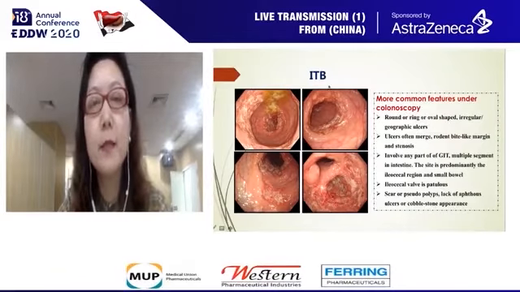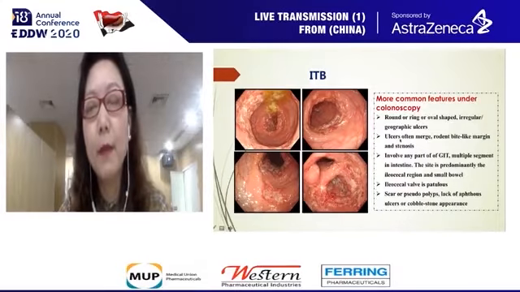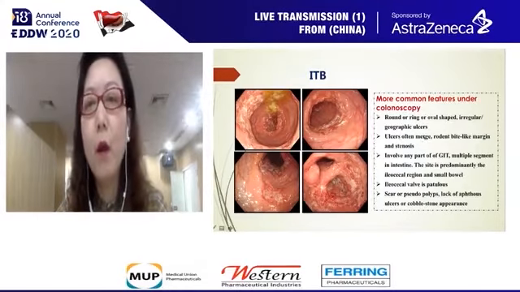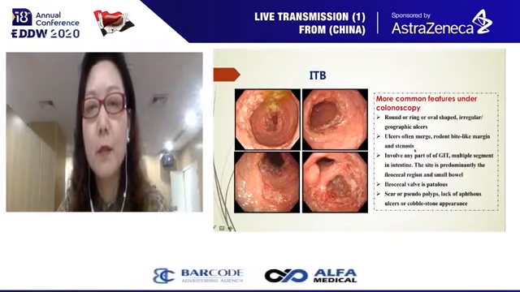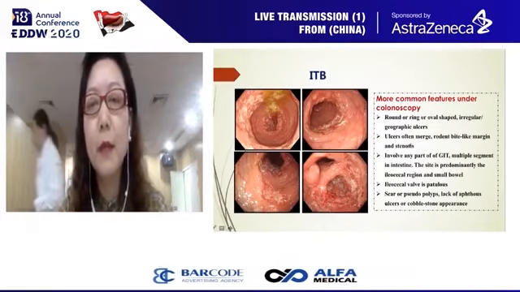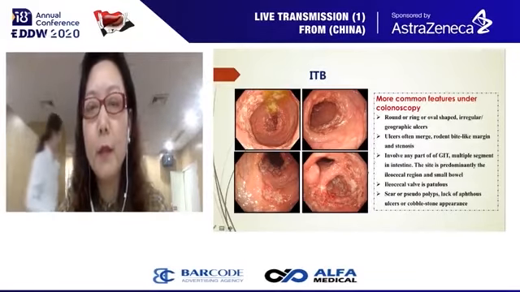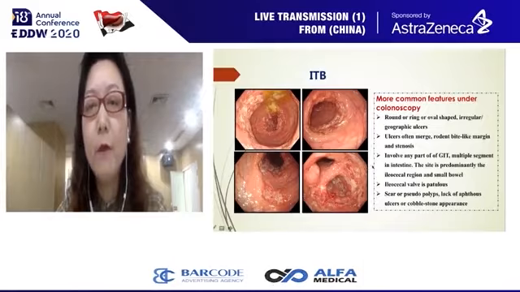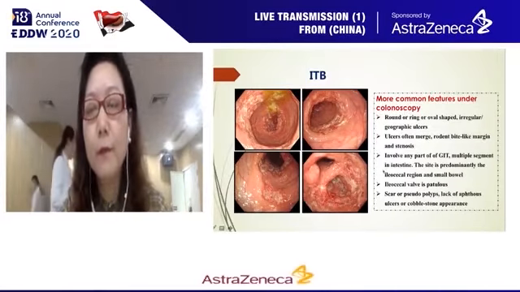For intestinal TB, the more common features in the colonoscopy were round or ring or oval-shaped irregular geographic ulcers. And the ulcers often merge. Rodent bite-like margin and stenosis. The ulcer can involve any part of the GIT, multiple segments in intestine.